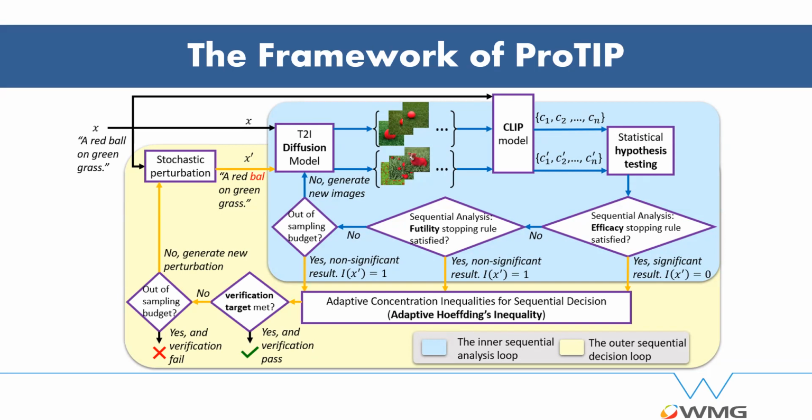And no matter the sample size, there will be a discrepancy between the sample mean and the ground truth population mean. Therefore, in the outer loop, we adopt Hoeffding's inequality to estimate the ground truth. Using the two main parts, the inner loop and the outer loop, we can verify the probabilistic robustness of a text-to-image diffusion model when given a single input text.